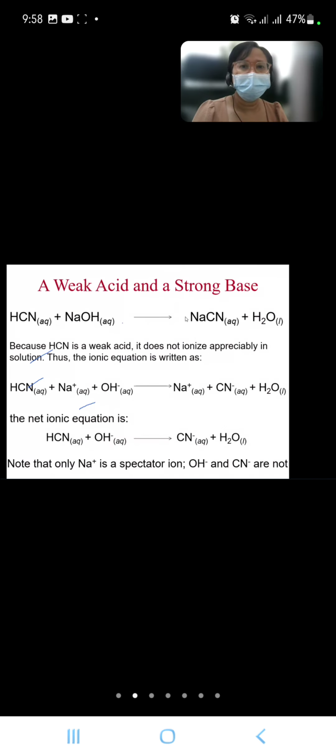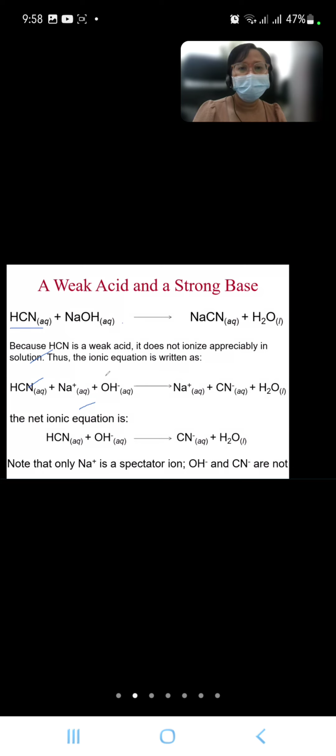A weak acid and a strong base, like in the reaction of hydrocyanic acid. So this is aqueous hydrocyanic acid and aqueous sodium hydroxide, aqueous sodium cyanide, and water are formed. So since hydrocyanic acid is a weak acid, it does not ionize completely in water.